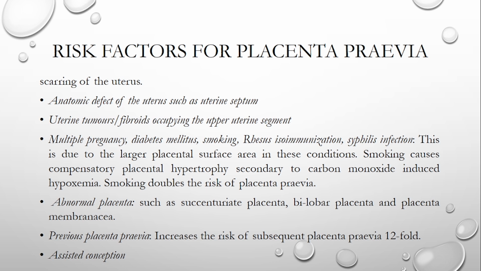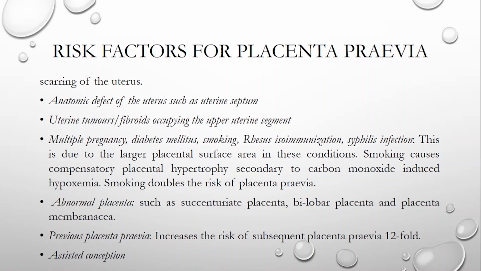Because in these situations, multiple pregnancy, diabetes mellitus, rhesus immunization, smoking, the placentas are always very large. For instance, smoking causes compensatory placental hypertrophy, secondary to carbon monoxide-induced hypoxemia. So smoking by itself doubles the risk of placenta previa.